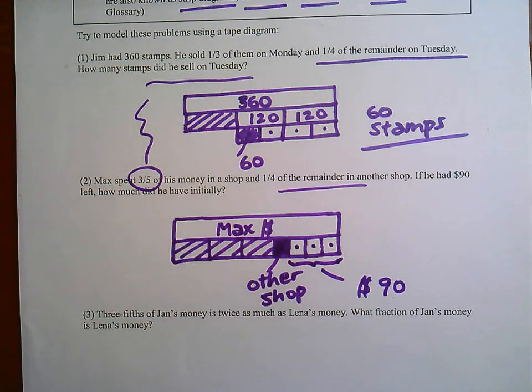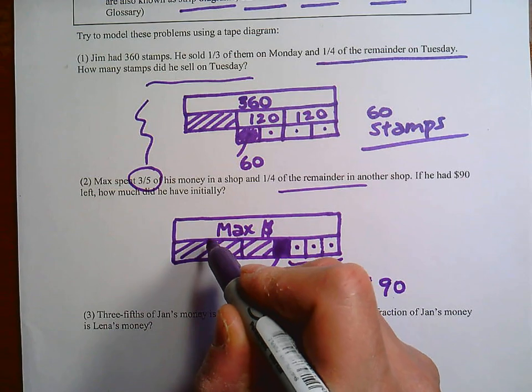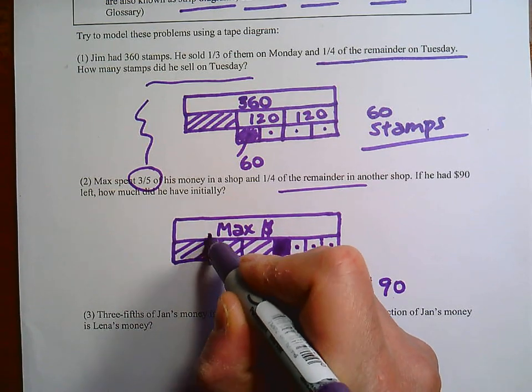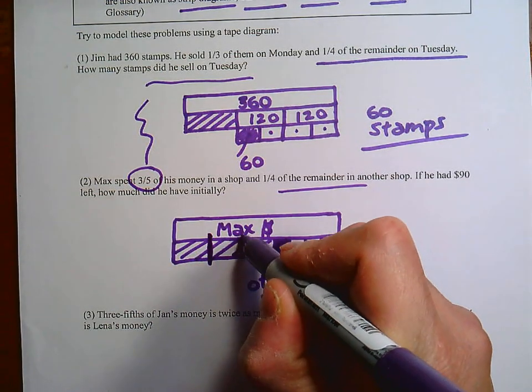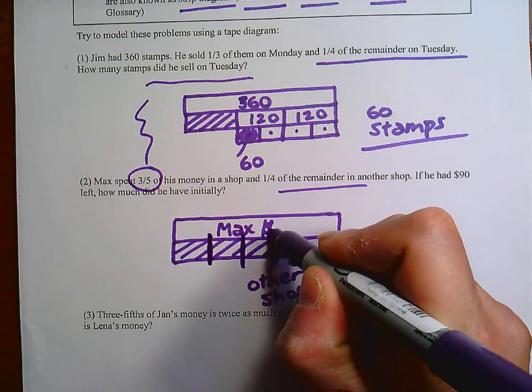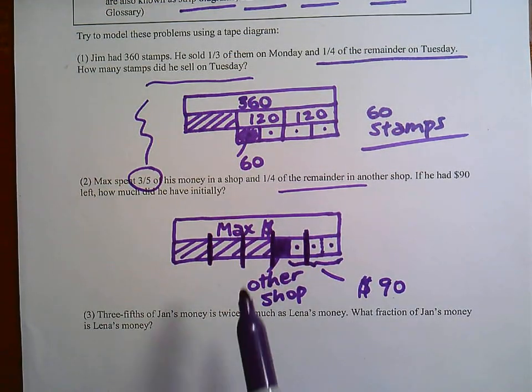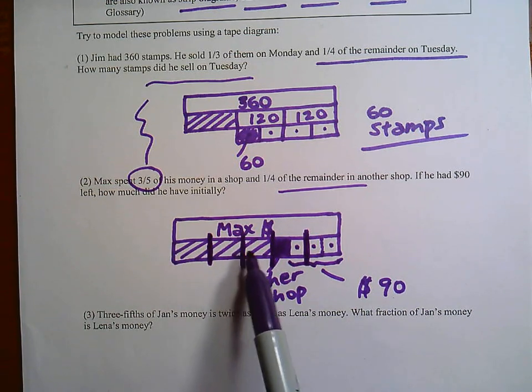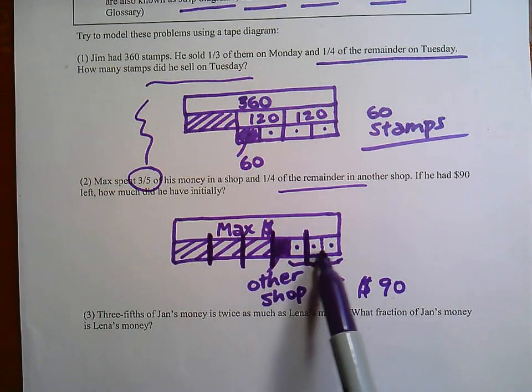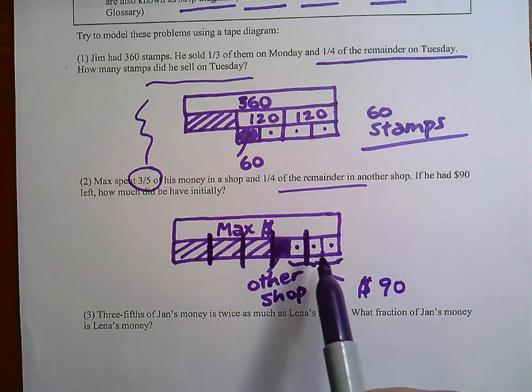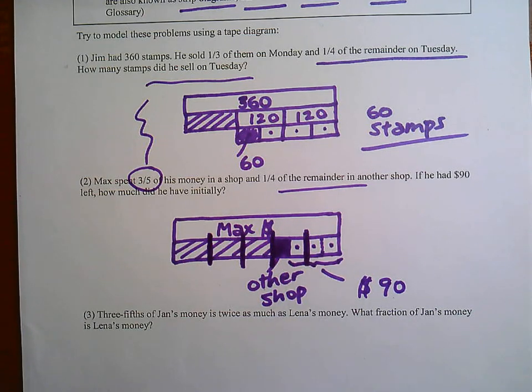And it asks you how much did he have initially. So one way to think about this, I'll go back to the tape diagram. We had 5 parts to start, so I'll highlight this here so we can see the 5 parts: 1, 2, 3, 4, 5. These two here will give you $60 because each small brick is $30.